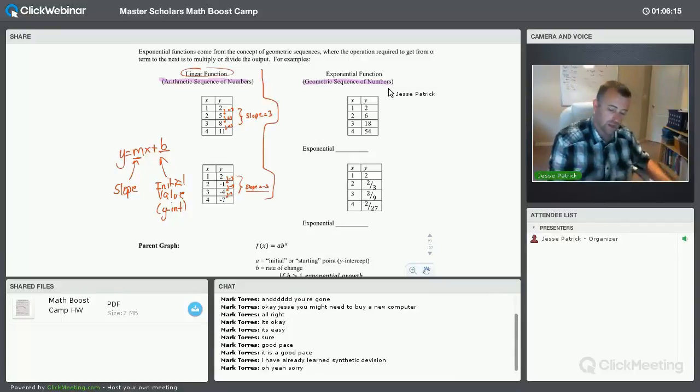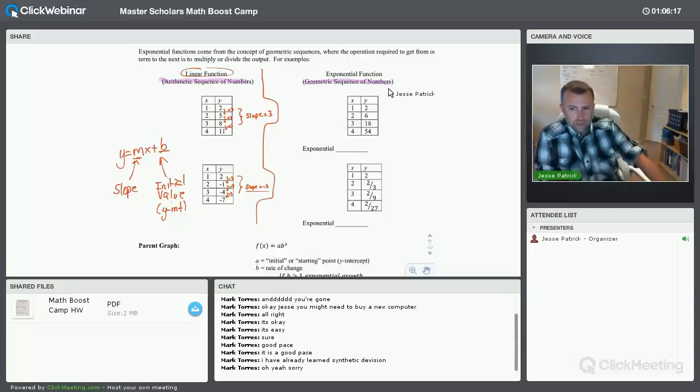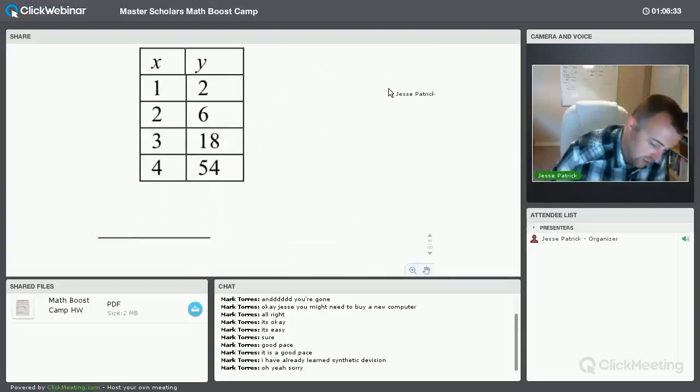And again, I set this up this way because exponential functions are really just the same rules, just shifted a little bit. Because if you talk about sequences, you usually talk about arithmetic and geometric back to back, because they're very similar, they just have that one difference in how the numbers change. But beyond that, there's a lot of similarities.